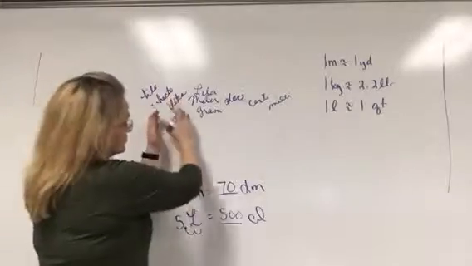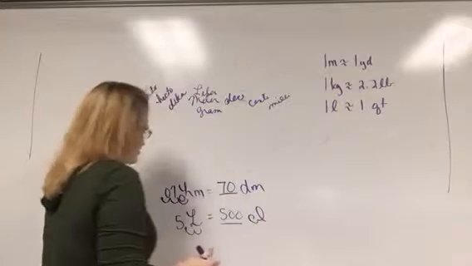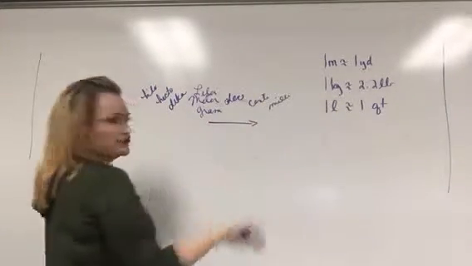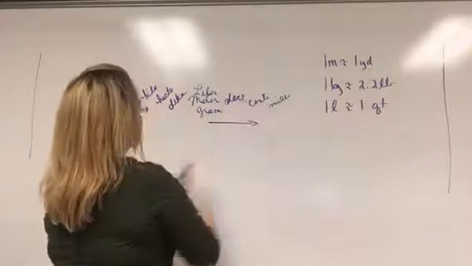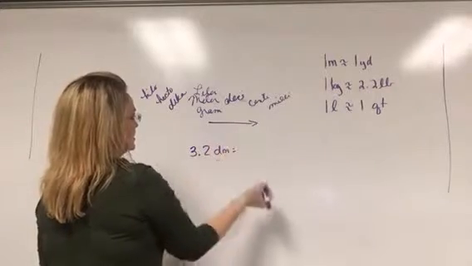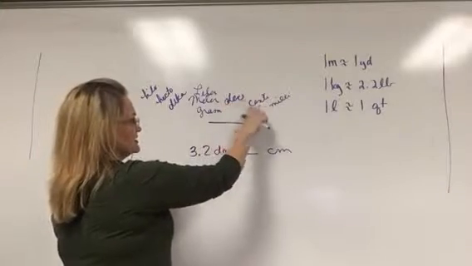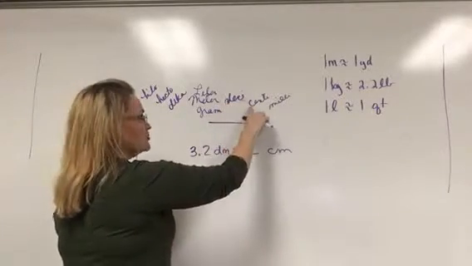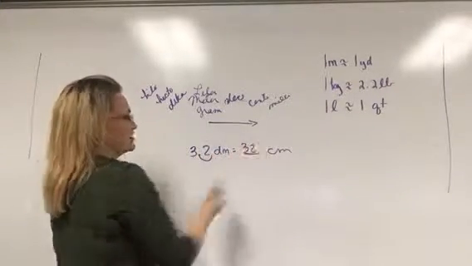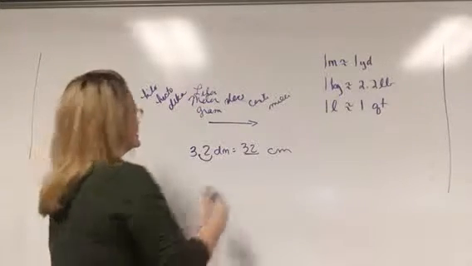So now you can say moving right moves the decimal right, which might make more sense. It's kind of your call there. But let's say when we move on the scale right, we move our decimal right. So seeing it horizontally, let's say we got 3.2 decimeters, and we want to move that to centimeters. So deci to centi, that's one move. So one move right moves my decimal right. So one move right, decimal right, 32. Just another thought there in case you see it that way or you've seen it that way in your past.